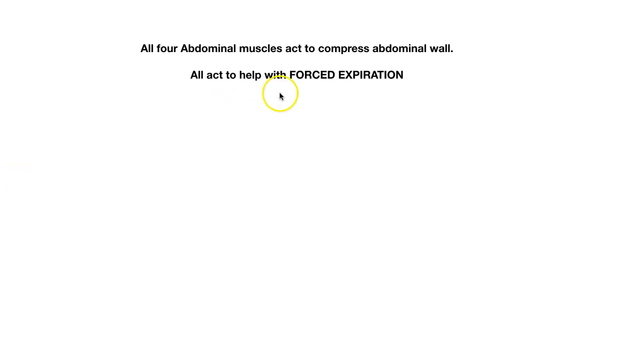So all 4 abdominal muscles are going to act to compress the abdominal wall, give support to those abdominal organs. And all 4 will help with forced expiration.